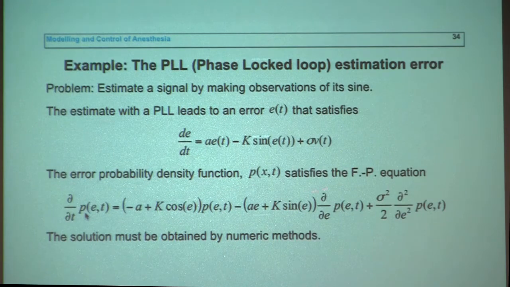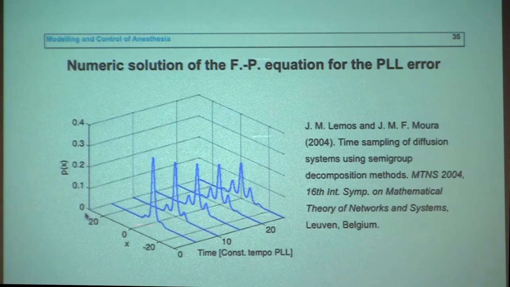Let me show you one simple example which is funny, which is the phase lock loop error. This appears in telecommunications. I don't have time to speak much about this, but I can write the Fokker-Planck equation. So you get this effect. Time goes to your right, and this is the x level, and the phase lock loop system is supposed that you have a stochastic process, and you are making observations based on the sinus of the process.